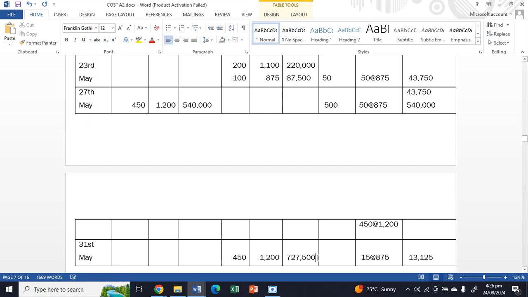Total 540,000. Then the remaining 35 will be taken from this batch of 50 at 875. So I have 35 at 875.